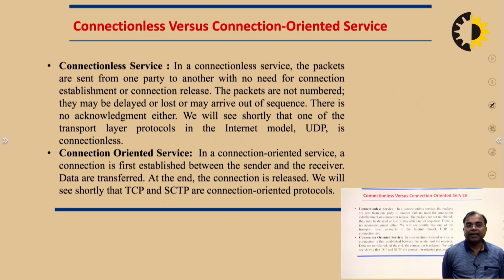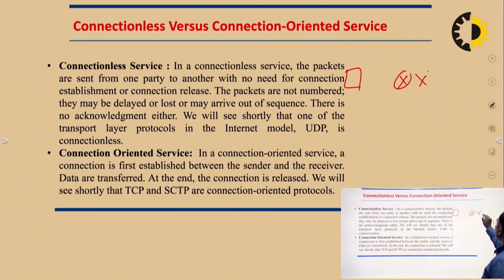The packets are not numbered. They may be delayed or lost, or may arrive out of sequence because they are using different routes. We have different systems over this network.